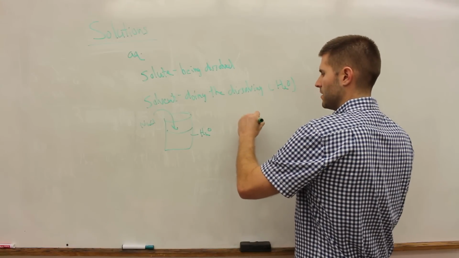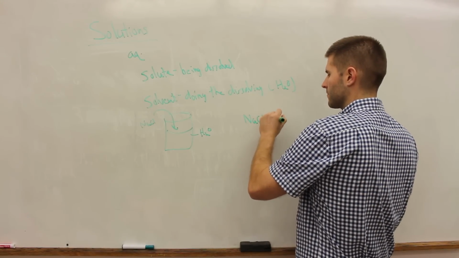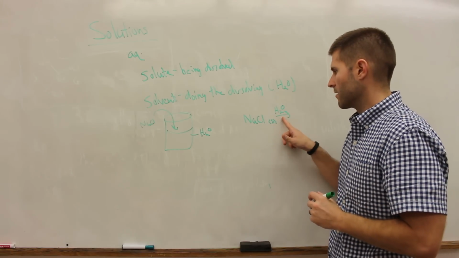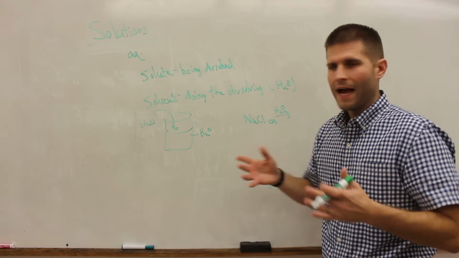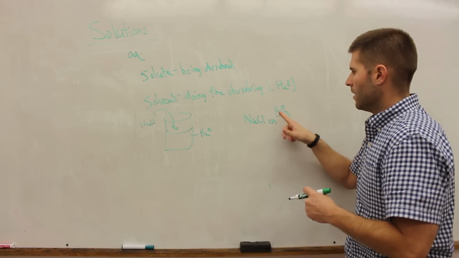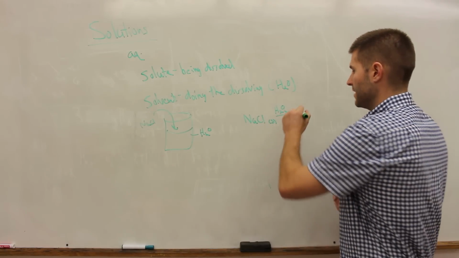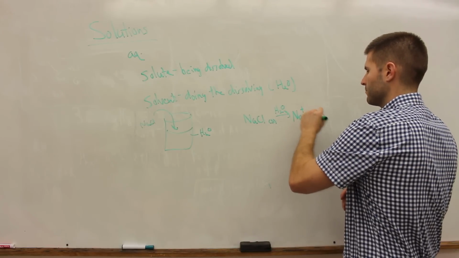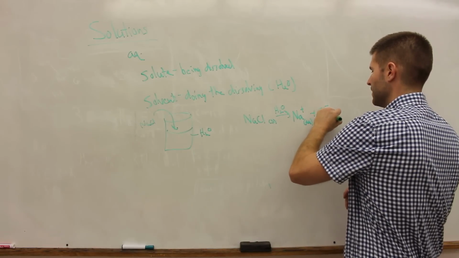So we get sodium chloride solid being placed into water. Now, I've placed the water above the arrow, which means it's not actually doing a reaction, it's just there to allow stuff to happen. So sodium chloride is placed into water, and what we end up getting is Na+ aqueous plus Cl- aqueous.